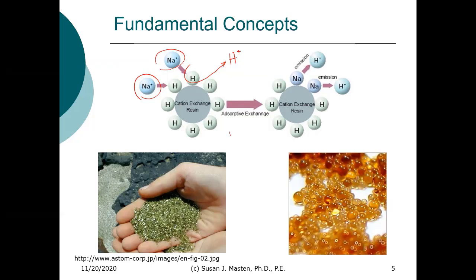If we had calcium 2 plus, now what happens is if this is exchanged, that will replace 2 protons so that we can maintain charge balance. So here, we would have a calcium replacing those 2 hydrogens.